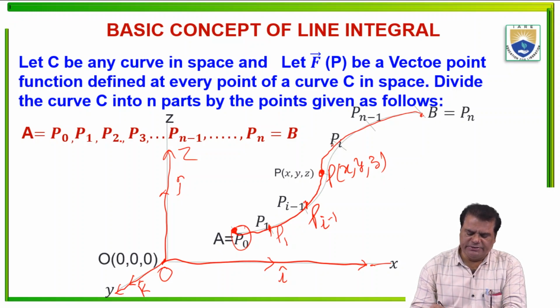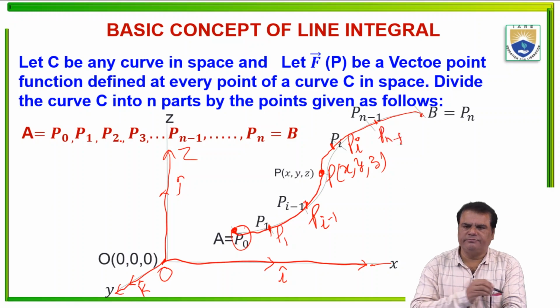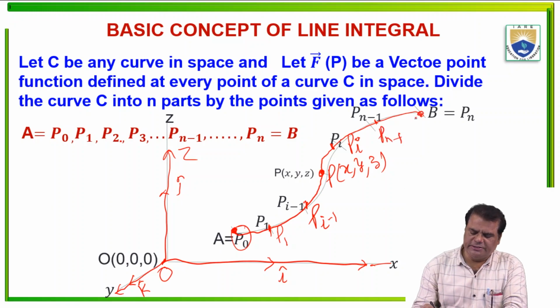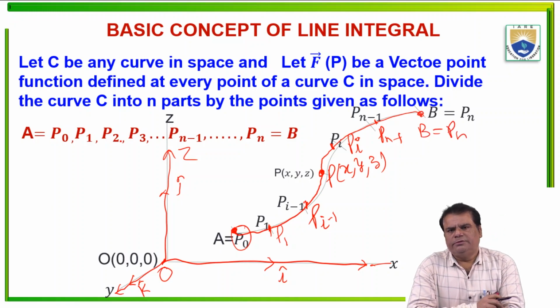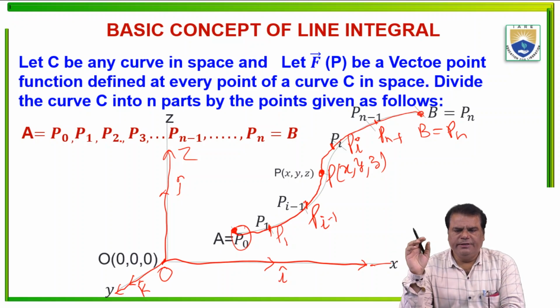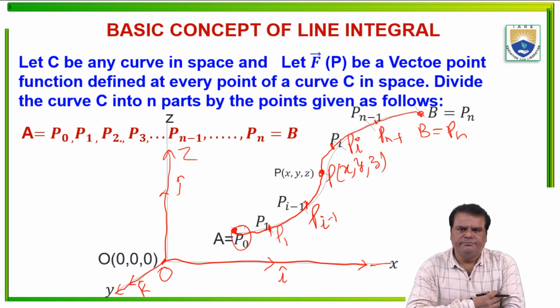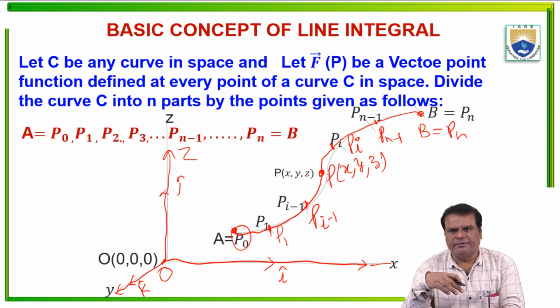Then the next point is Pi. Next stage is Pn minus 1, and the last point is B, that is Pn. So for the curve in three-dimensional geometry from point A to B, I have taken several points on the curve: first point P0, P1, P2, P3 and so on up to Pi minus 1.